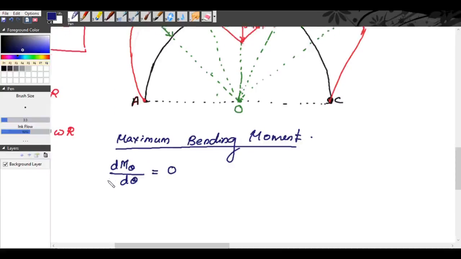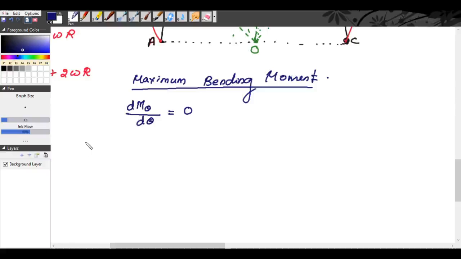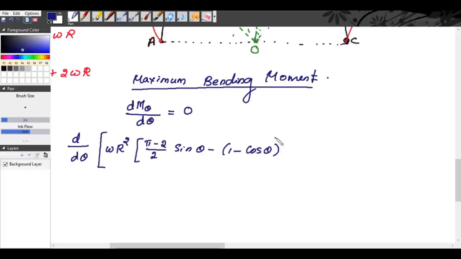So we get d by d theta of M theta, that is WR square into (pi minus 2)/2 sin theta minus (1 minus cos theta), is equal to 0.